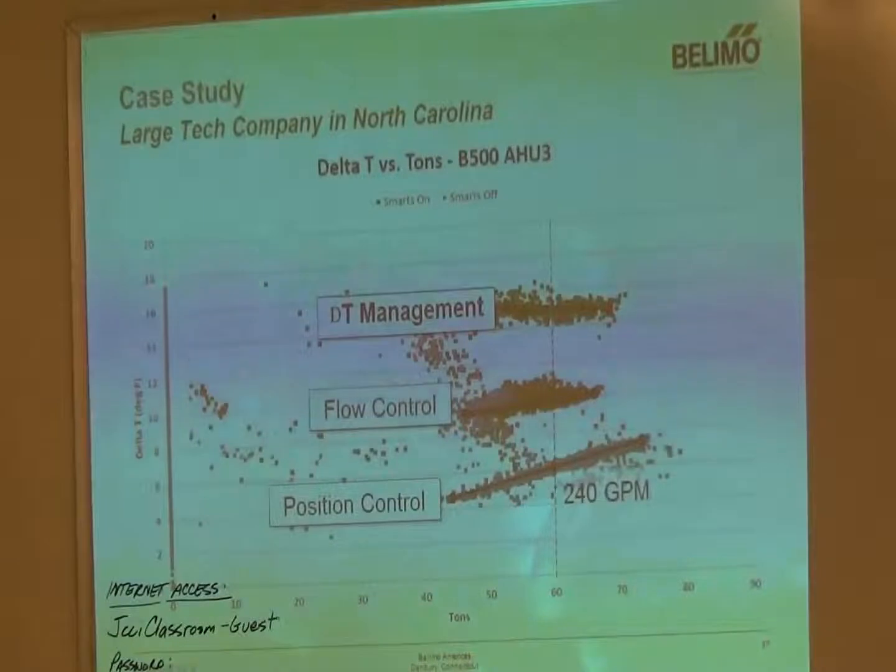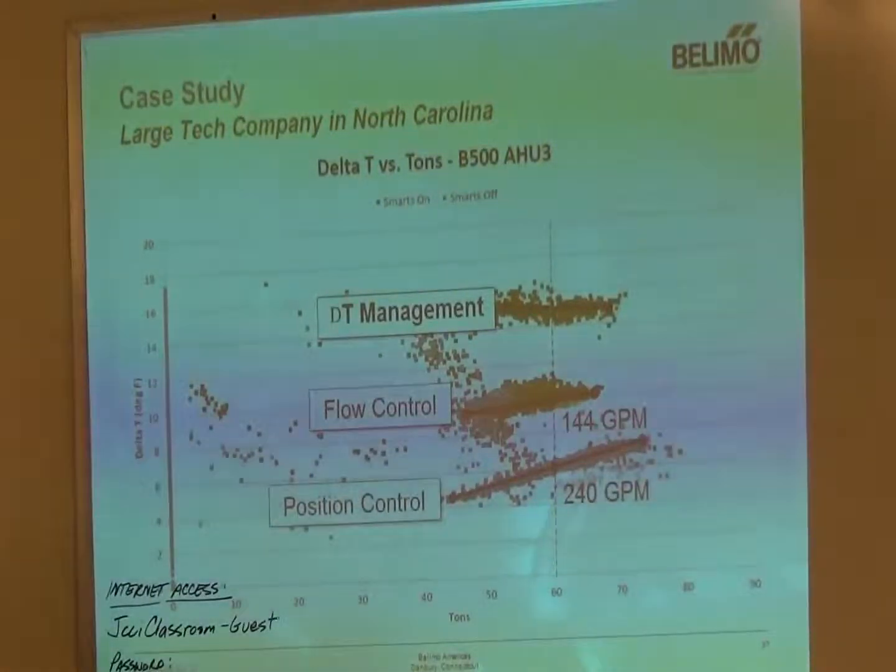So with position control, we need 240 GPM to satisfy that 60-ton load. Now, if we went to pressure-independent mode, or if we just used a pressure-independent valve and not the energy valve, we're seeing significant savings there in bringing it down to a requirement of 144 GPM to satisfy that same 60-ton load.